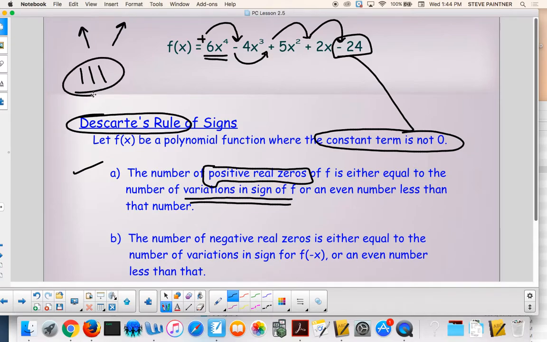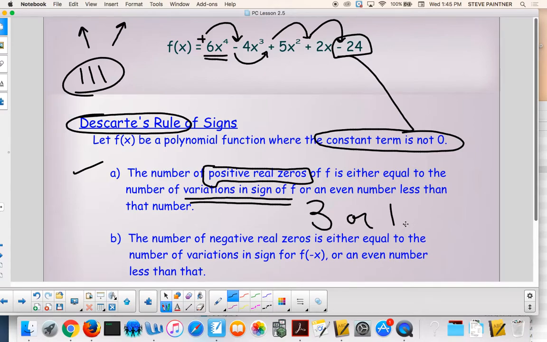The number of positive real zeros, how many? 3 positive zeros. It could have. Or, if it doesn't have 3 positives, guess what it's going to have? An even number less than that number. Don't say 2. What they're saying is, when they say less than, they need to subtract. Subtract 2. 3 or what? 1.